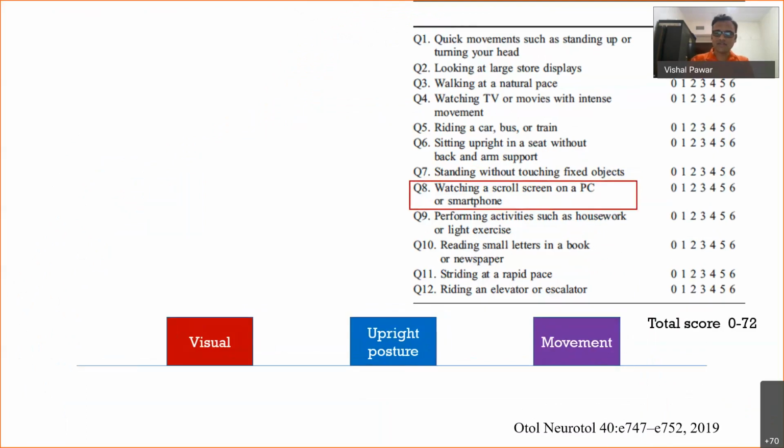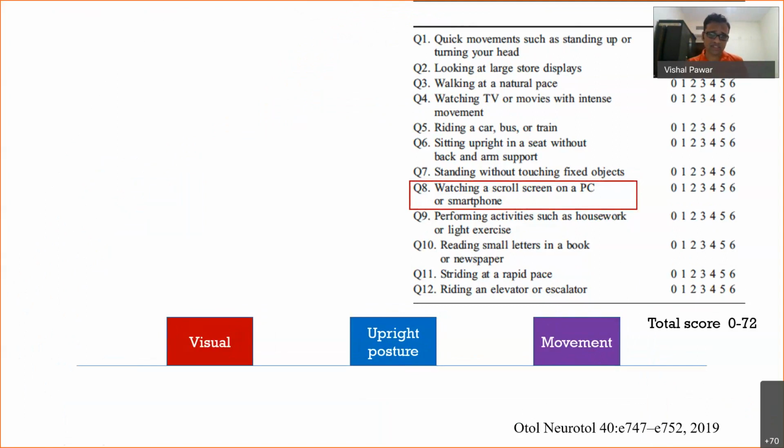So in vestibular migraine specifically, I have seen in most patients, when I do the scoring, one question they will definitely say yes to: watching a scrolling screen on a PC or smartphone makes them feel dizzy. It is a very important marker, I feel.